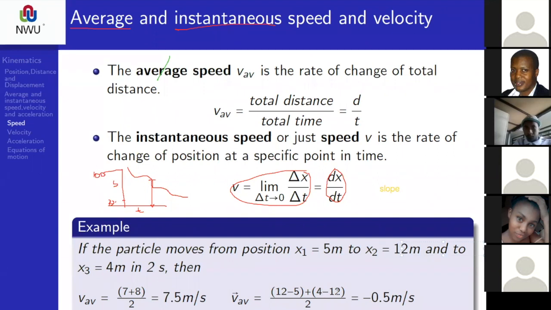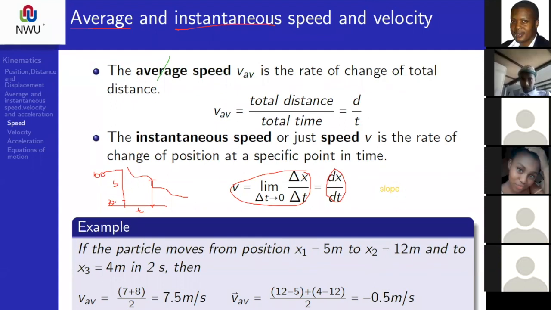Let's put it in practice now. If a particle moves from position x1, which is equal to 5, and then it goes to position x2, which is equal to 12, and then to position x3, which is equal to 4 in 2 seconds, what would be its average speed? From 5 to 12, what is the distance? 7 meters.